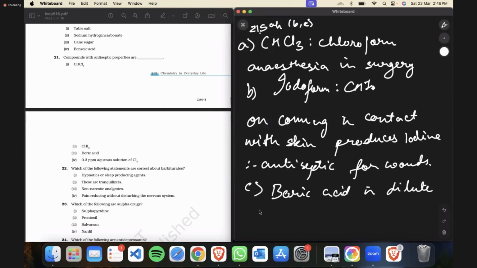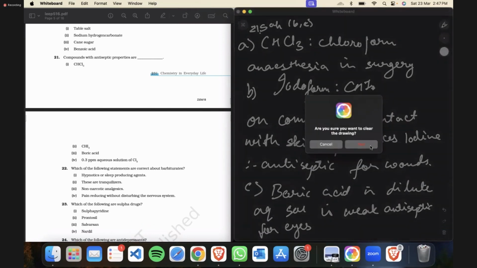And chlorine, in so less quantity, 0.3 ppm, will act as a disinfectant, rather than being the antiseptic.